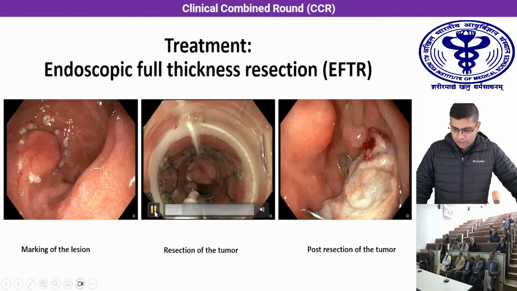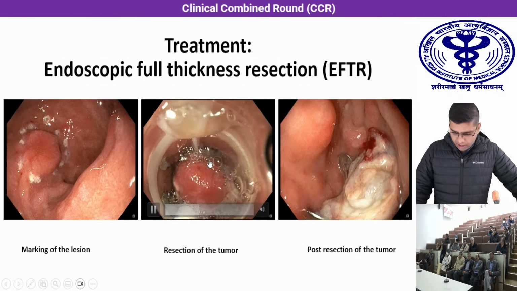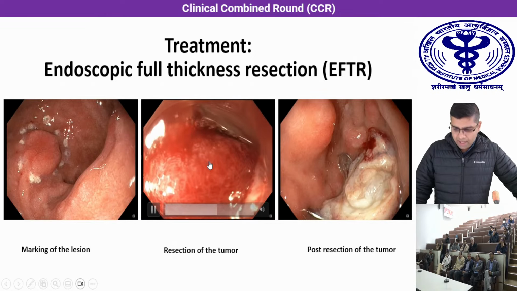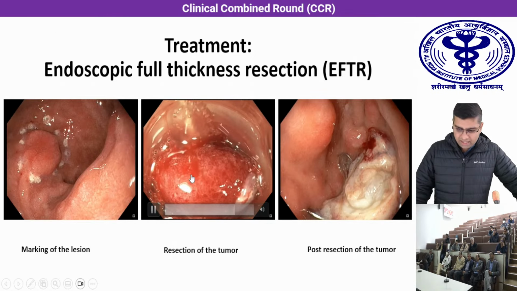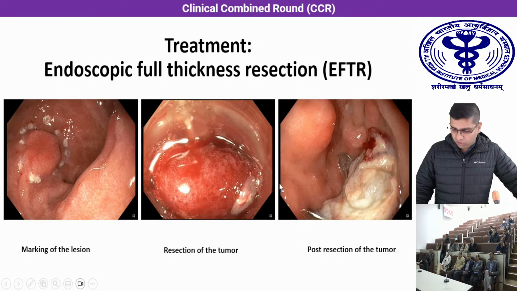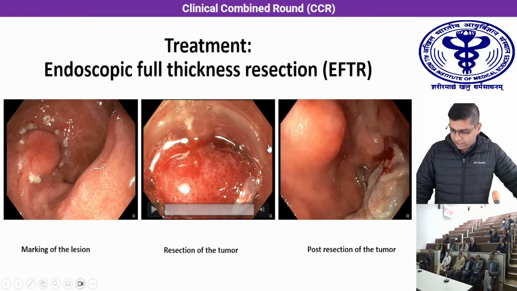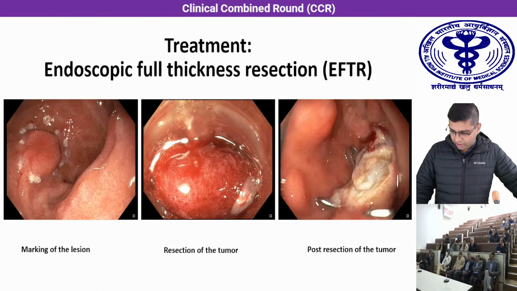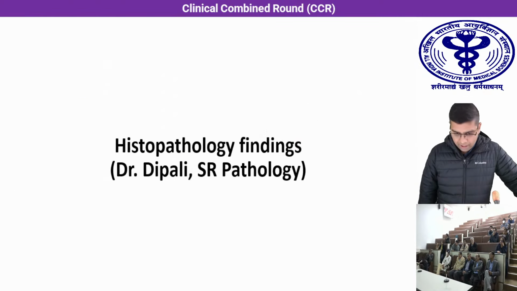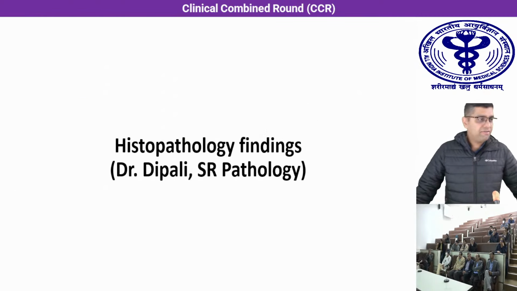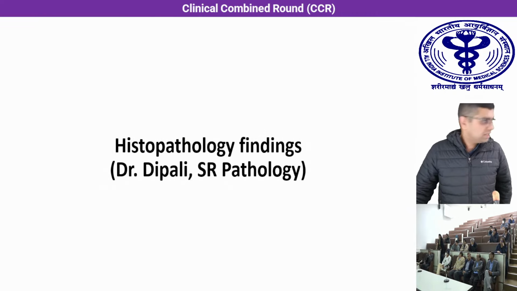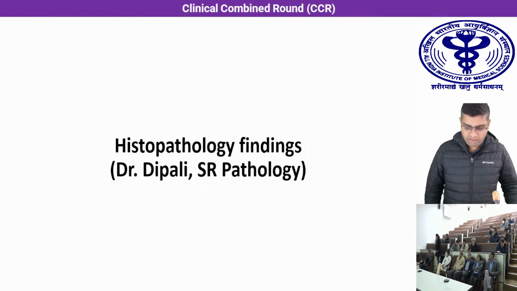This is the full thickness resection device. The lesion was sucked inside the cap and the closure device was applied. Post resection, this is the area which can be seen on the video recording. I would request Dr. Dipali from the Department of Pathology to share the histopathological findings.